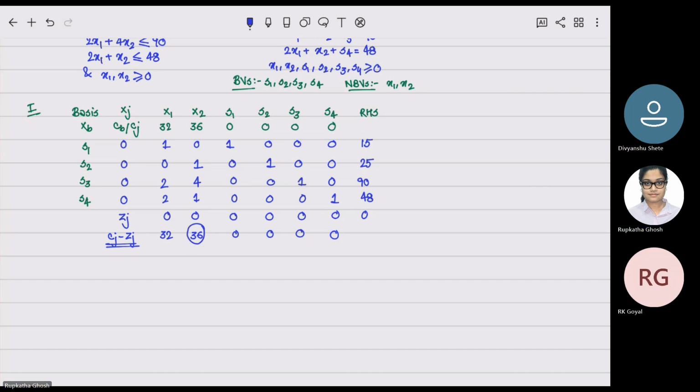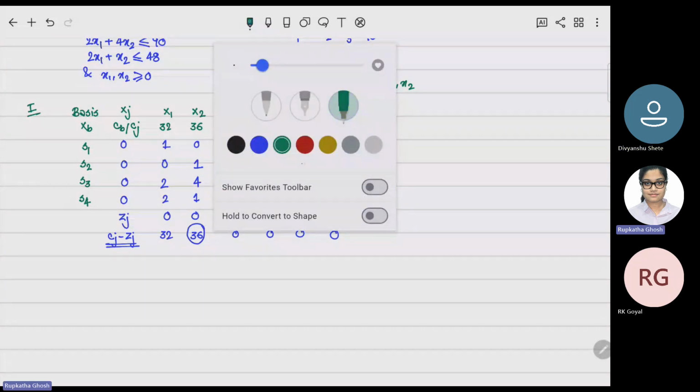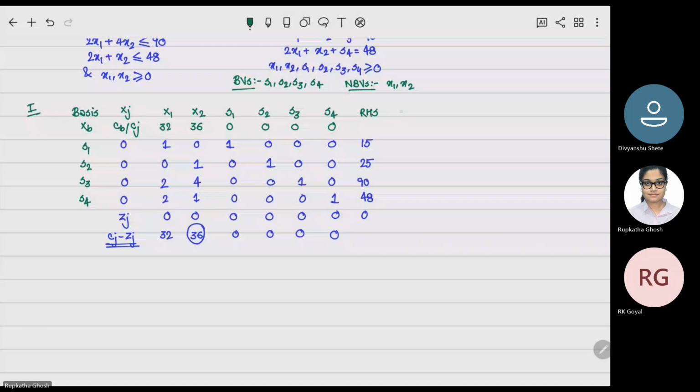And now, since we were choosing this, what is the next step which you will be doing? Can anyone tell me? Taking the ratios of RHS. Very good. So the next step that we do is taking the ratio. So let's say here only I write the ratio. My point of interest is this column, right?